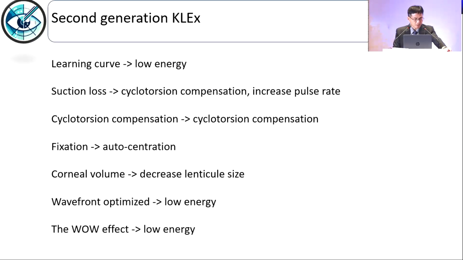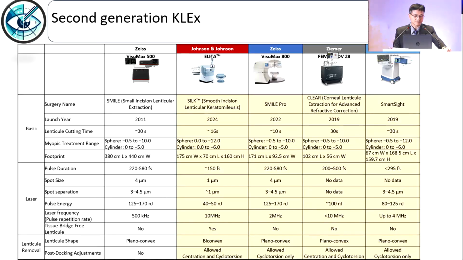So there are some issues to pay attention to; some of these can be resolved, some of these are not. Here are second generation SMILE machines: on your left is the VisuMax 500, and on your right, the other four are also on the market.